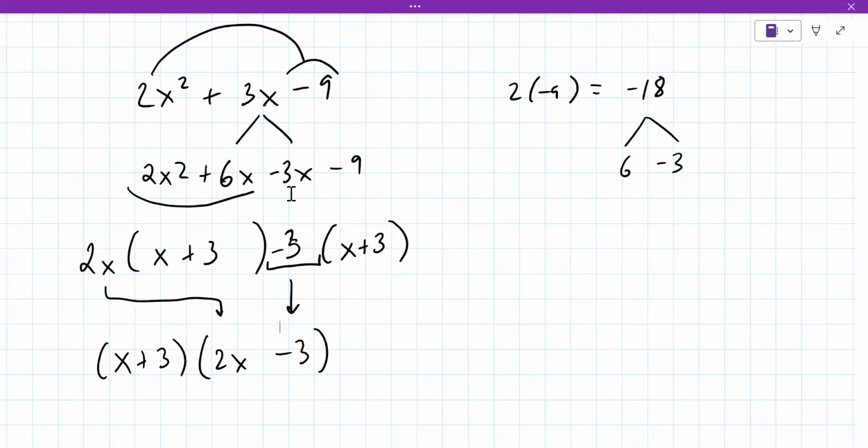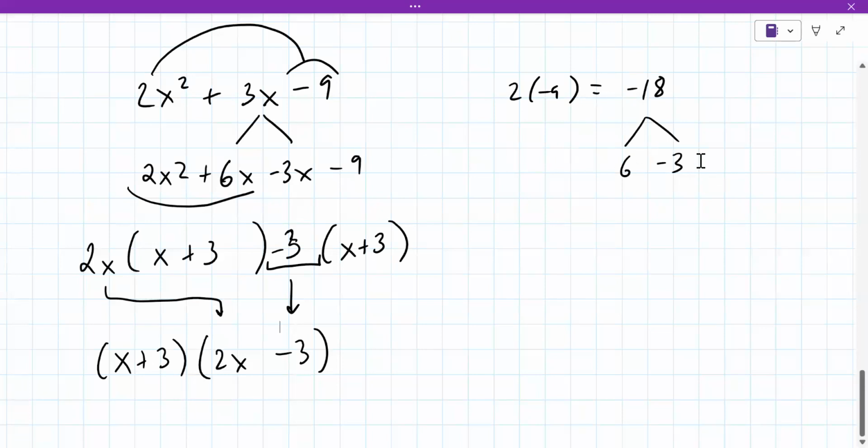So after you break it up into pairs, you find the factors, right?